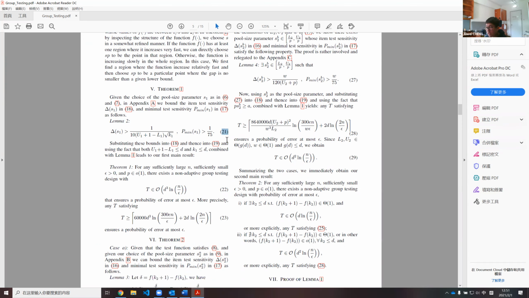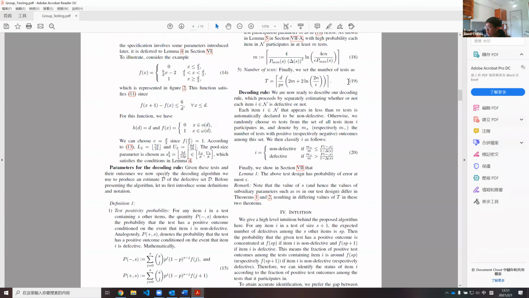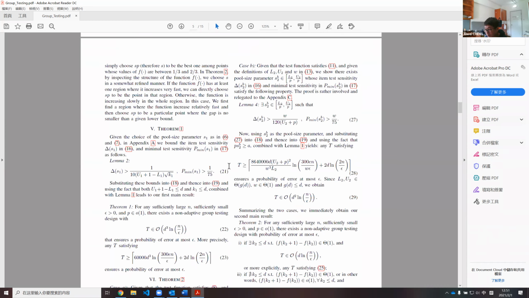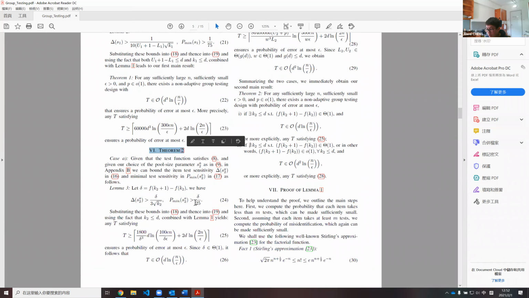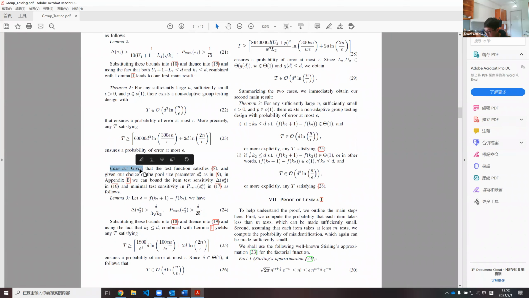Hence, using equation 19 here, we can compute that t equals this value, and we notice that t is in d cubed log n. And in theorem 2, for case 1, lemma 3 says that we can bound the two parameters like this.